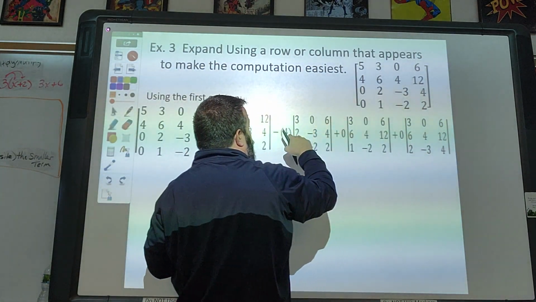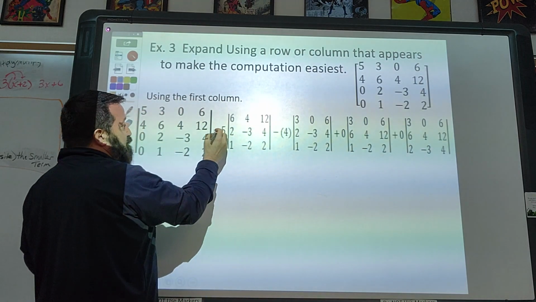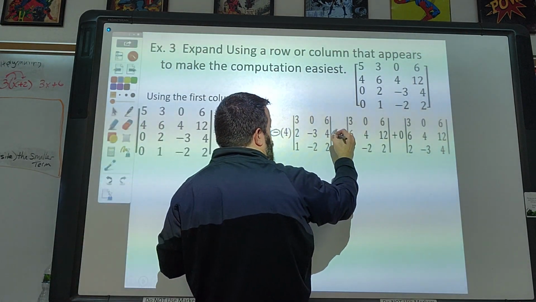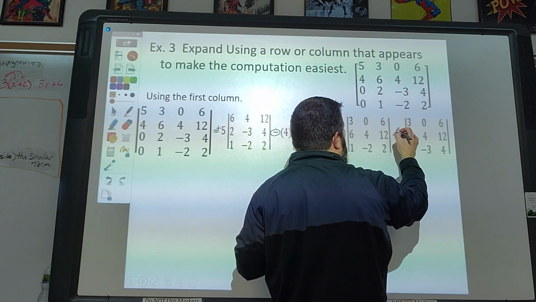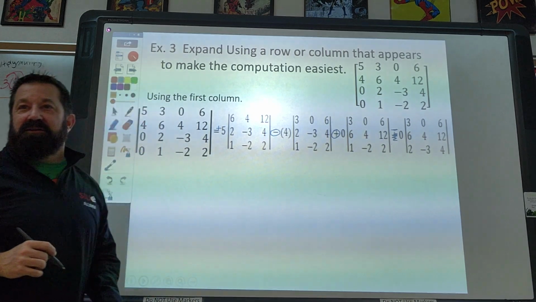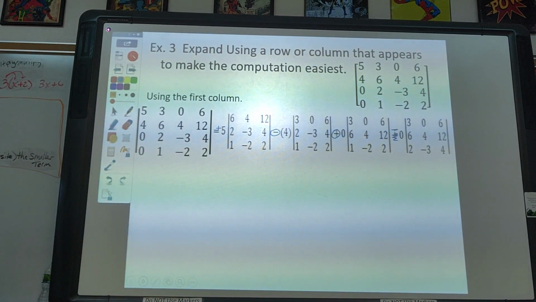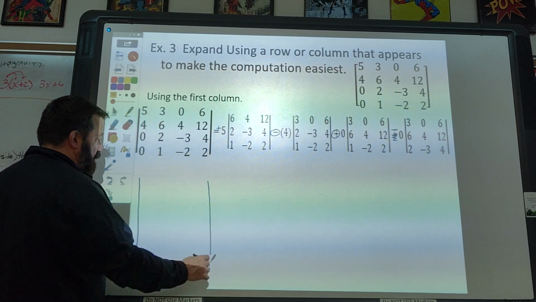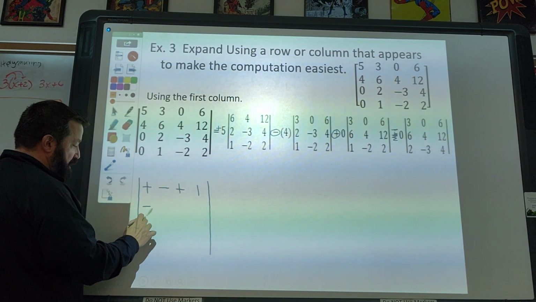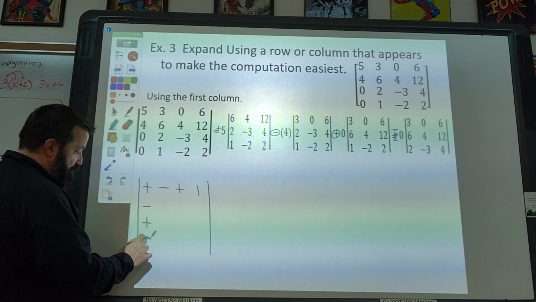Notice it's a minus, because technically it's a plus 5, a minus 4, a plus 0, and then technically a minus 0 here, all right? If you're following the alternating signs, because as I was showing you before, going down this way it looks like this checkerboard pattern.